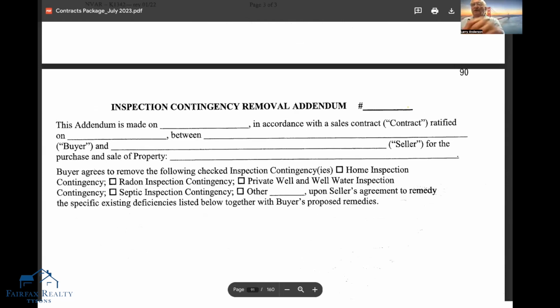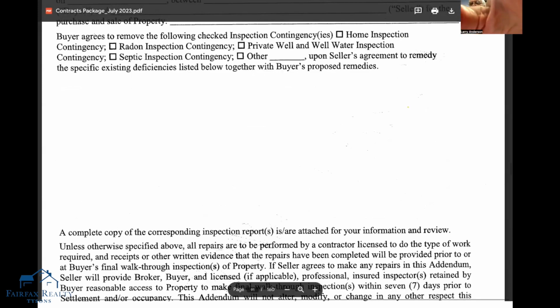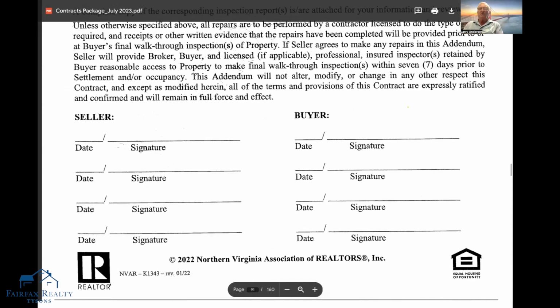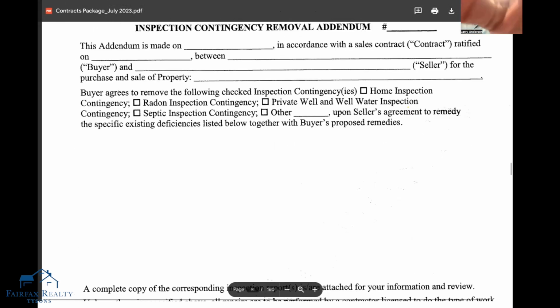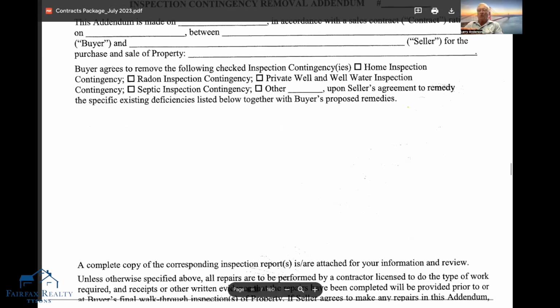If it wasn't done with this inspection contingency removal addendum, because if you just send an addendum over saying they agree to fix this and this, you wouldn't have the right to bring that home inspector back to walk through because it wasn't included in your addendum removing this contingency. So that would be the only danger to just writing up an addendum. That's why I would suggest using this, because you want to make sure the work was done right if it was that big of a deal. Now, if it's minor things, you might not worry.